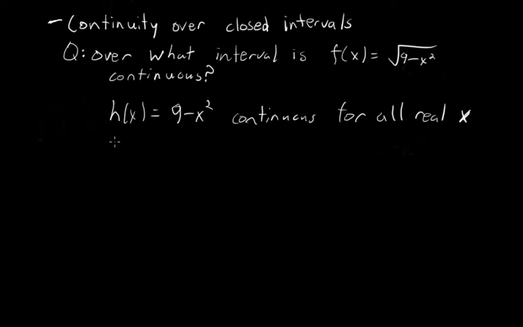And we also know that g of x equals the square root of x is continuous wherever it's defined, because that's the case for x to any power 1 over n, where n is a positive integer.